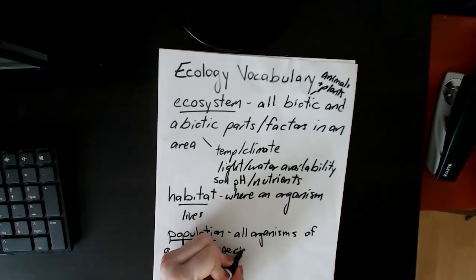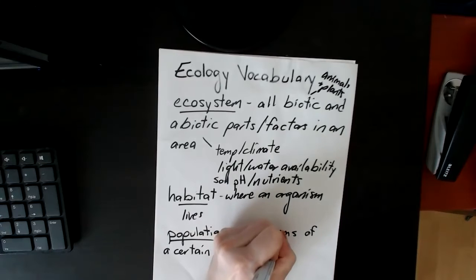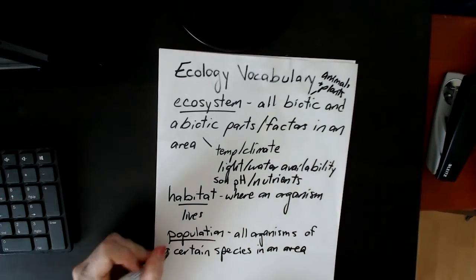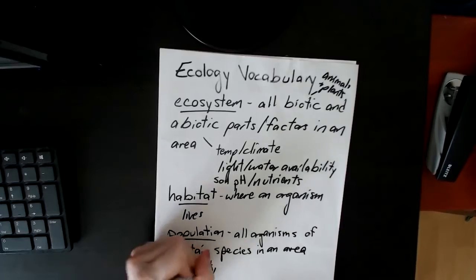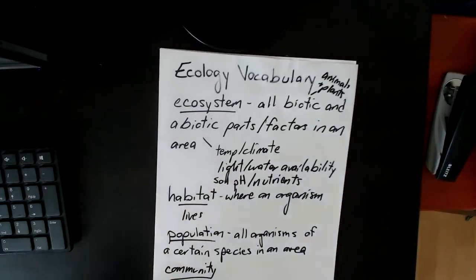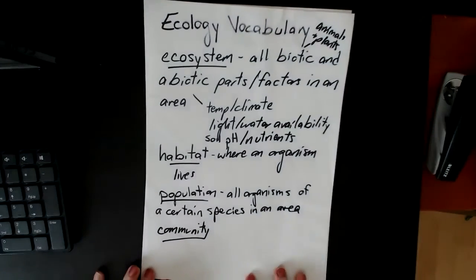So of a certain species in an area, and that is as opposed to a community. All right, so a community is all populations taken together, right? So if I'm talking about the population of fir trees in Glacier National Park, then that's how many of the specific species of fir trees there are.